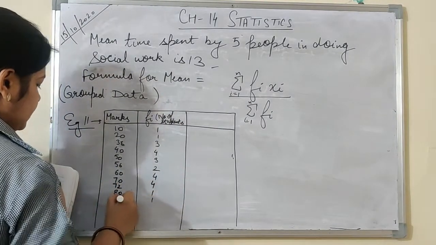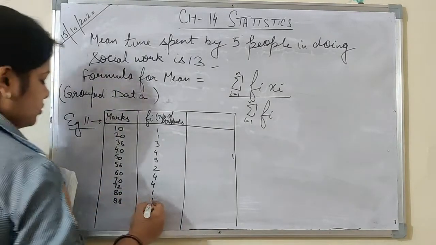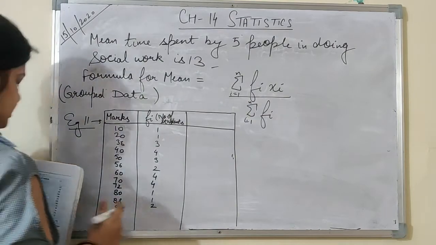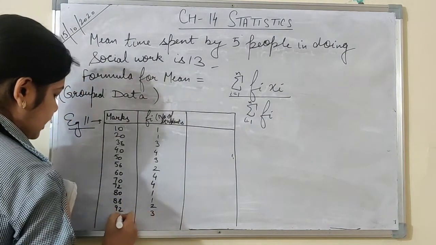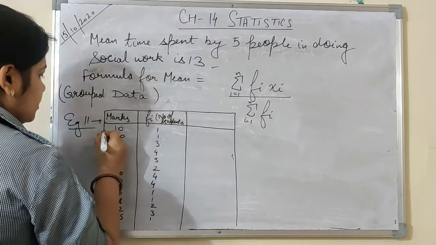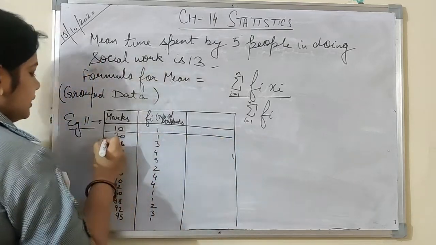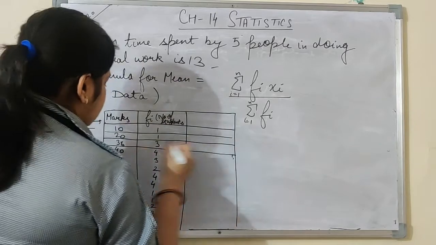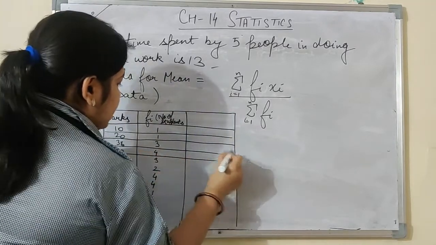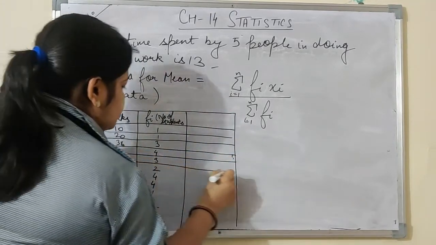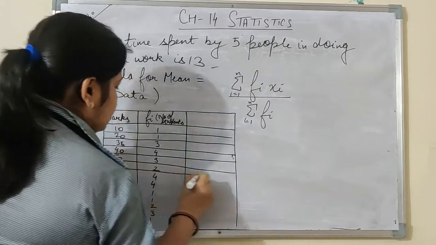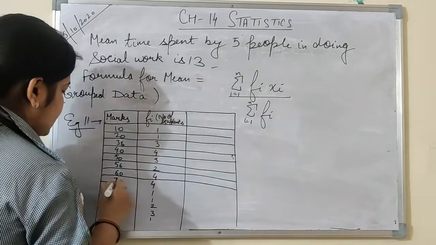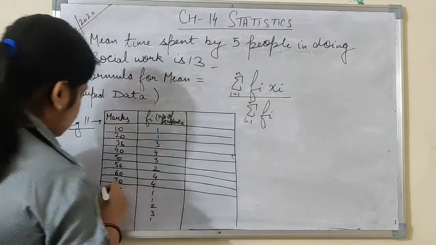Then for 88 it is 2. Then for 92 it is 3. And then for 95 it is 1. So you will observe here that I have just made the table from the given data from example 2. After making this, we have to find the mean in this question.